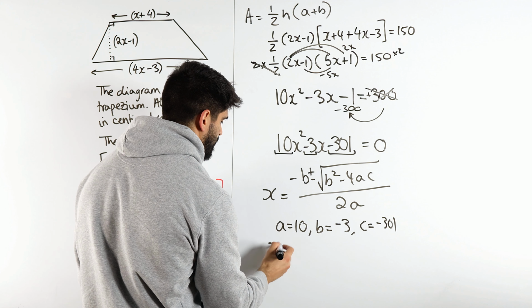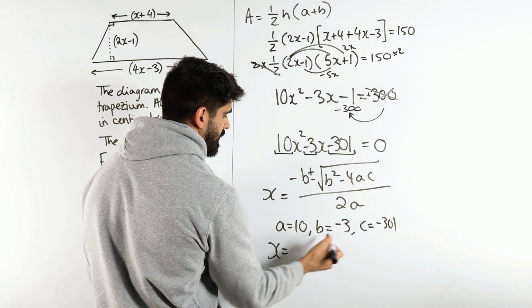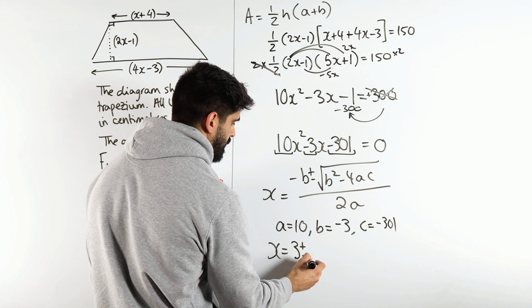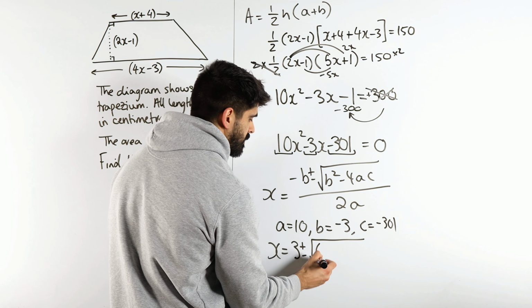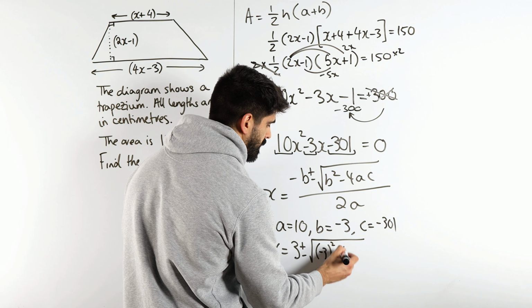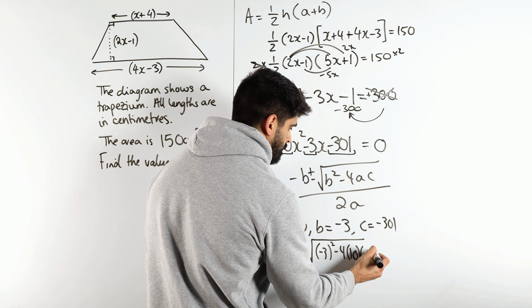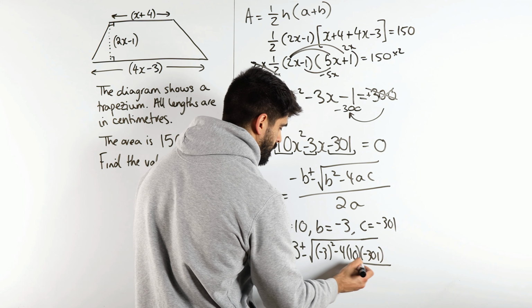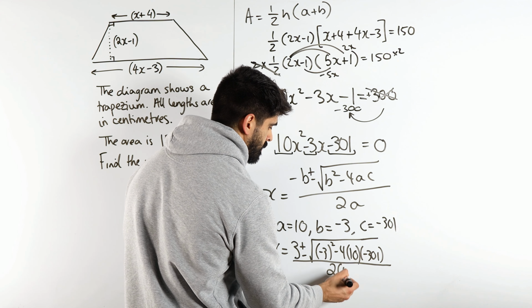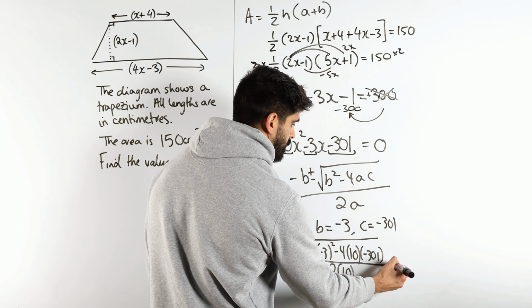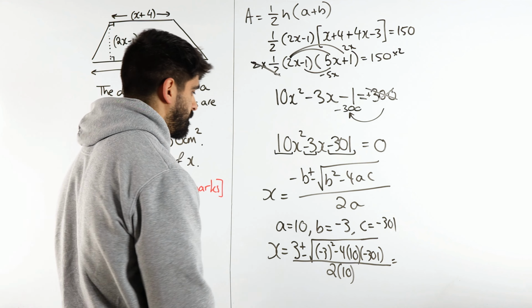Let's substitute it in. X is minus b, so the negative of this is 3, plus or minus root b squared, so minus 3 squared, minus 4ac, all over 2a. Now, here is an examiner's tip for you guys.